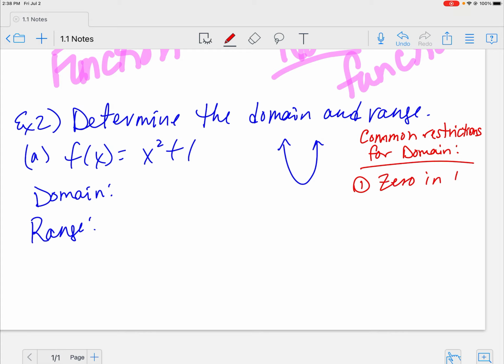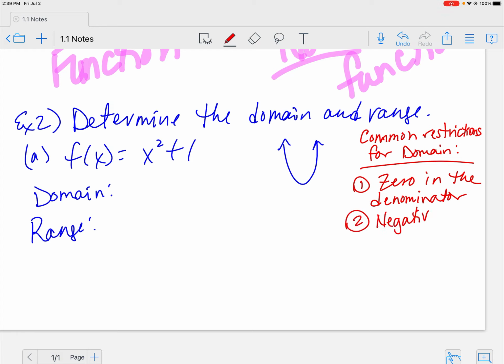Zero in a denominator. Good. If you have something that's rational and it makes a 0 in the denominator, that's out. Denominator. Good. What else? Yep, there it is. Good job.